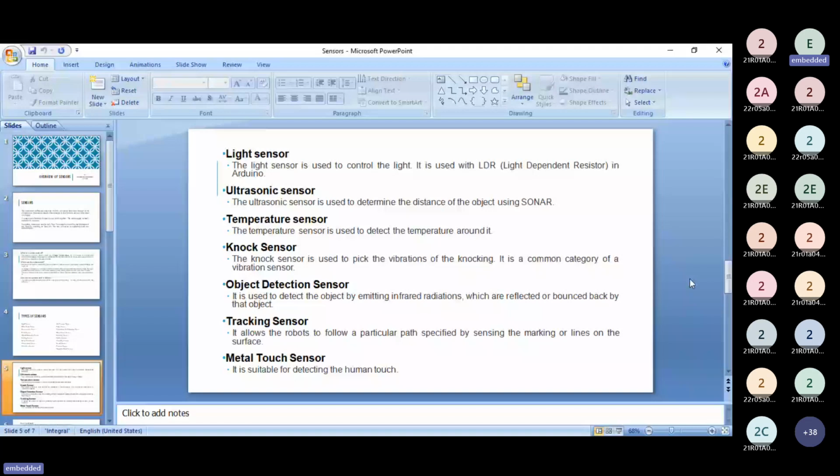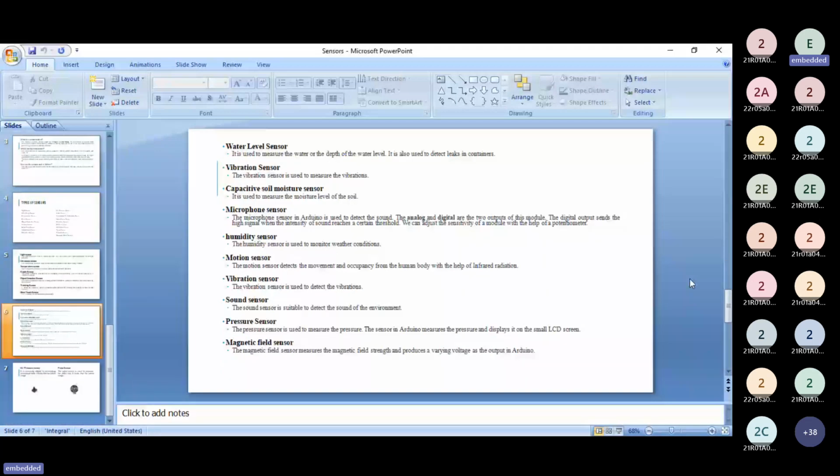Next, water level sensor. It is used to measure the water or the depth of the water level. It is also used to detect leaks in containers.